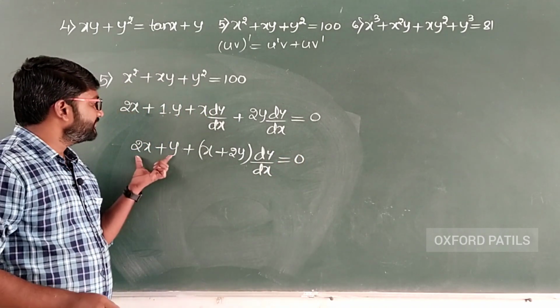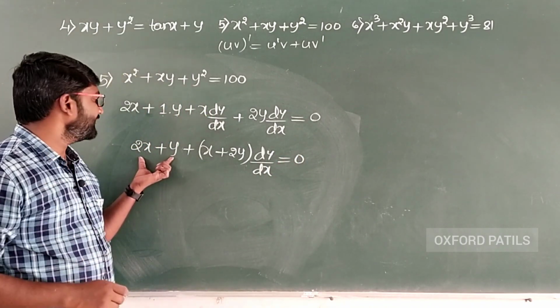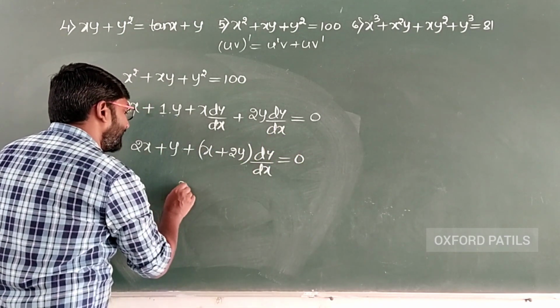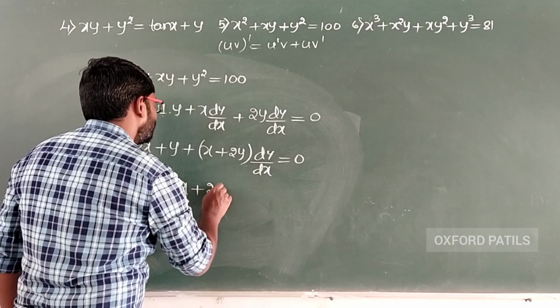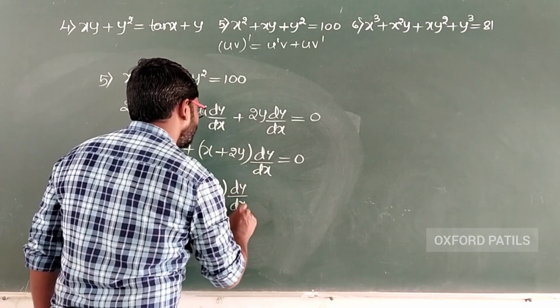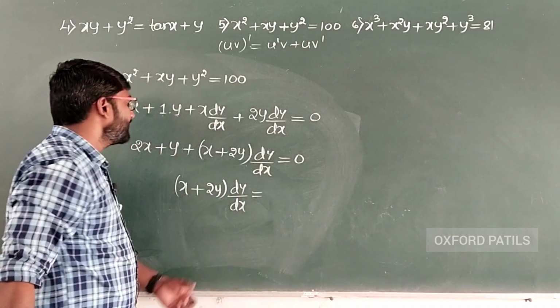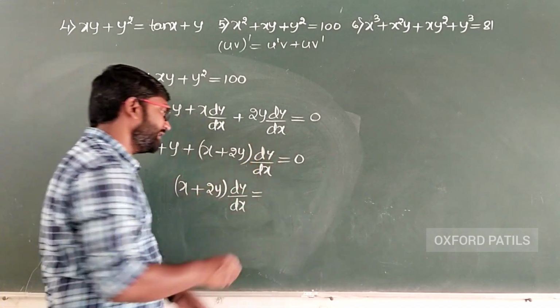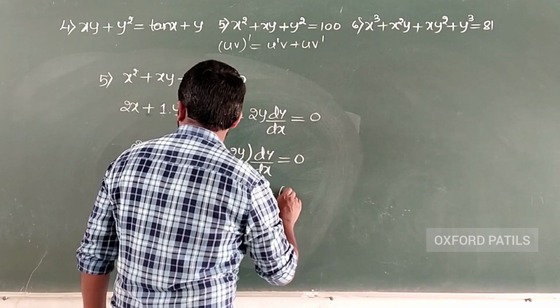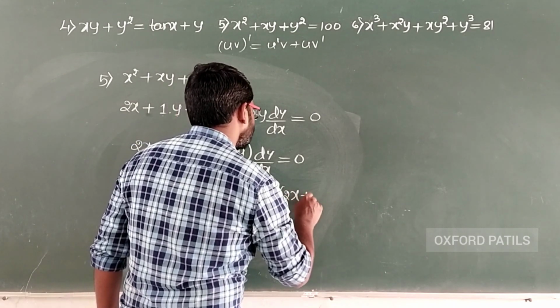Now I will be taking these two terms to the right hand side and we get minus 2x minus y. So here x plus 2y into dy by dx is equal to, now take these two terms to the right hand side, we can write that minus sign outside, then inside the bracket we can write 2x plus y.